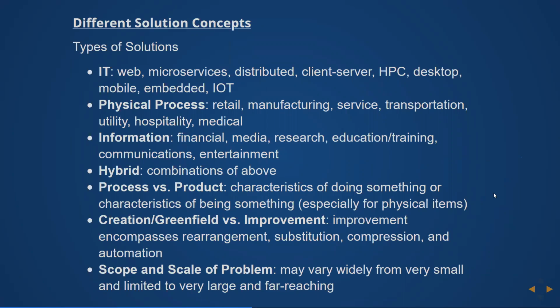There are all kinds of physical and information processes associated with the specific industry you're working in. And so, knowing the details of each industry will help clarify things for you. Knowing whether you're working on a process or a product, which means an ongoing series of steps or just a thing, may clarify stuff a little bit.